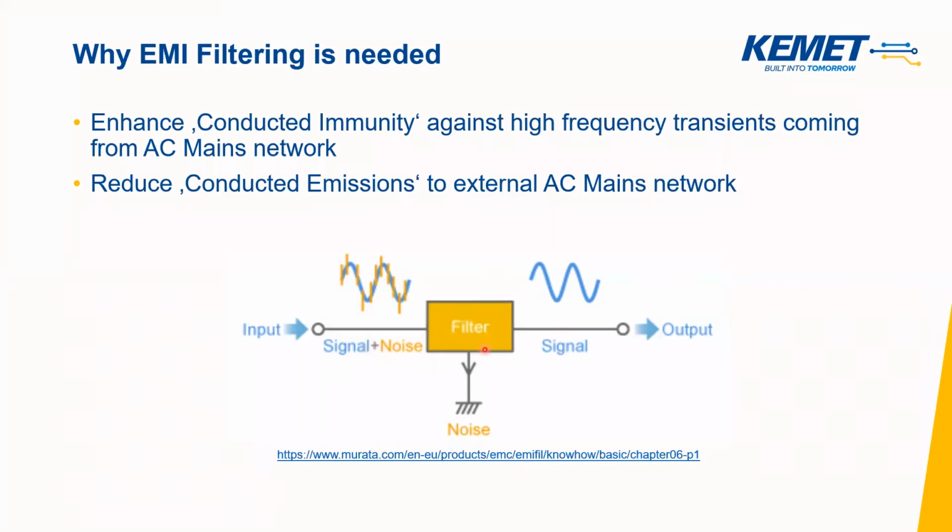The key term here is conducted emissions or conducted immunity, as this filter plus EMI block is usually more effective against conducted as compared to radiated disturbances or to radiated immunity.